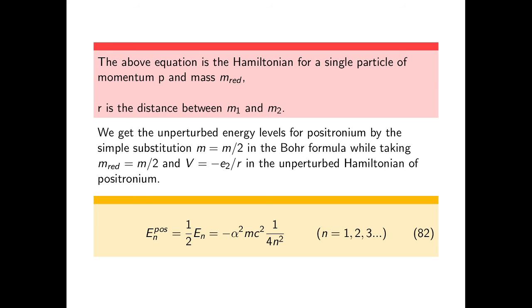We basically substitute everything that was applied for the hydrogen atom, keeping in mind that the total is half of whatever it was for hydrogen, and we get the energy levels of positronium equal to half the energy levels of the hydrogen atom, and this is the equation we get.